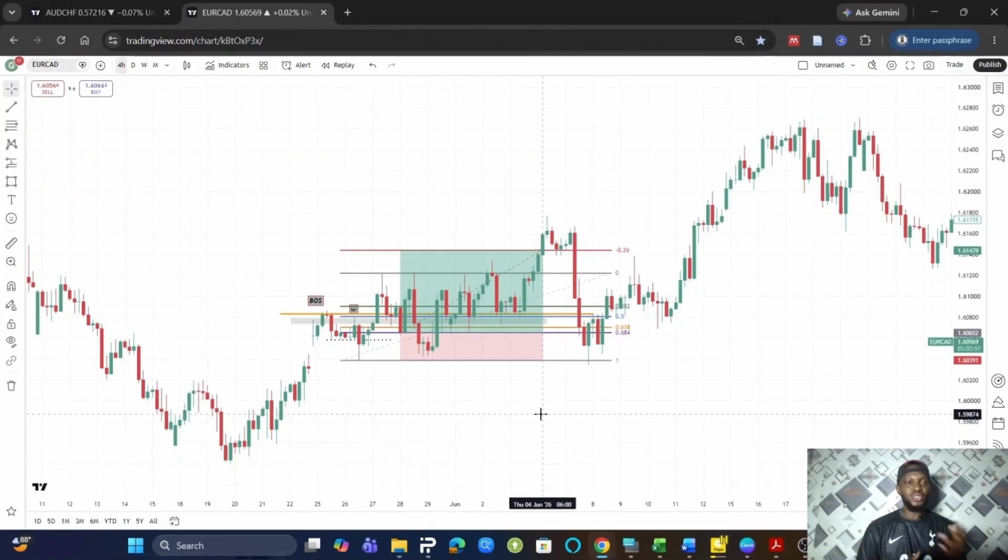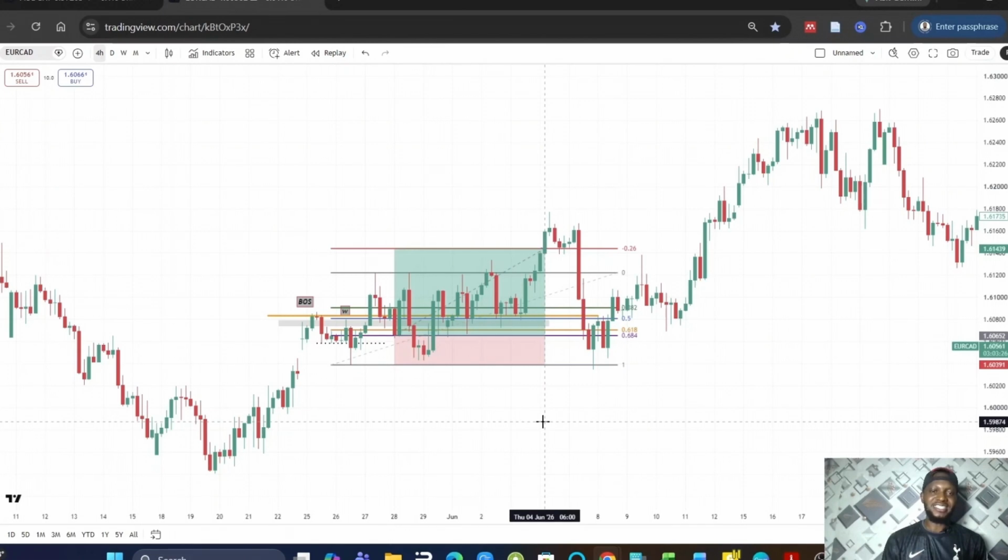I didn't have to be on the charts monitoring these trades by the minute. This trade was typically hands-free. I was free to do whatever I wanted to do during the time I took this trade. So that's one good thing about swing trading. It gives you ample time to come back. If you want to add in, if you want to stack on the trade, if you want to manage the trade, you don't have to be in a haste.